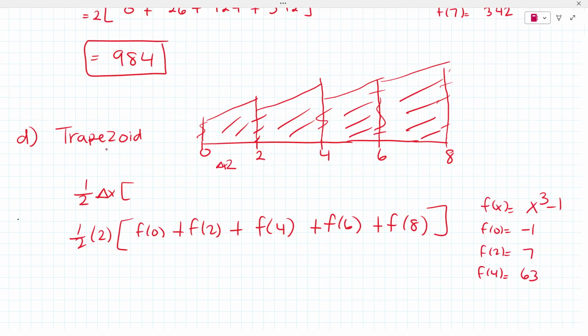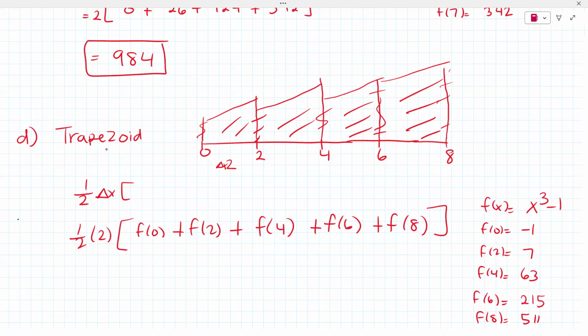And f of 6 is 6 cubed minus 1, which is 215. And then f of 8 is 8 cubed minus 1, which is 511.